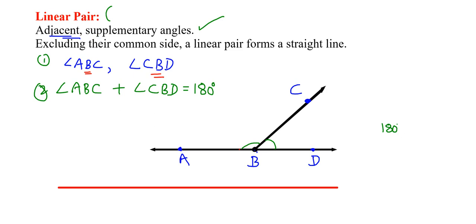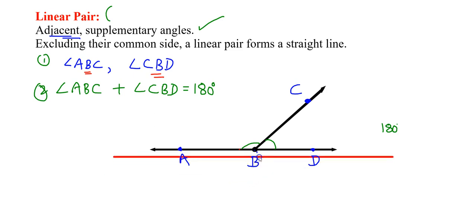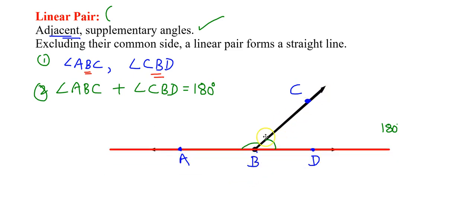Now what is the property of this linear pair? When you exclude that common side, a linear pair forms a straight line. Let me show it to you. Now these are the two angles. Suppose if I just cancel this, assume that this line BC is not there. Just look at the red line.